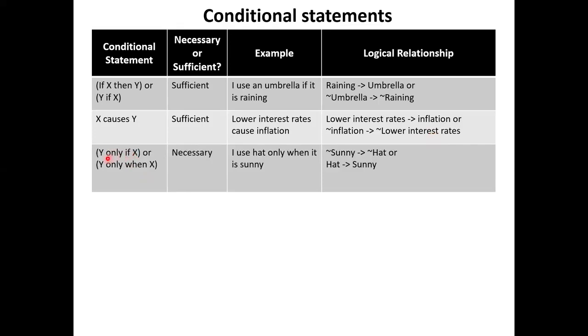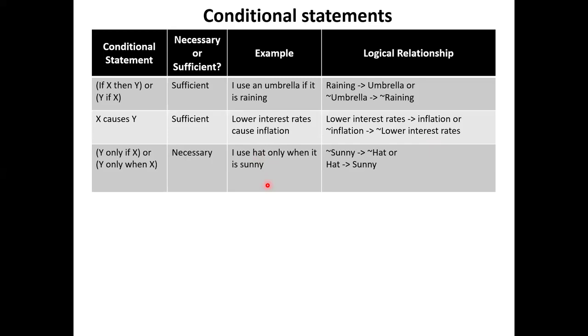Okay, why only if X, or why only when X? Now, what's the new thing here? The presence of "only". Actually, the presence of "only" is a pretty much 100% sure shot indicator that we are now talking about necessary conditions. For example, I use a hat only when it is sunny.